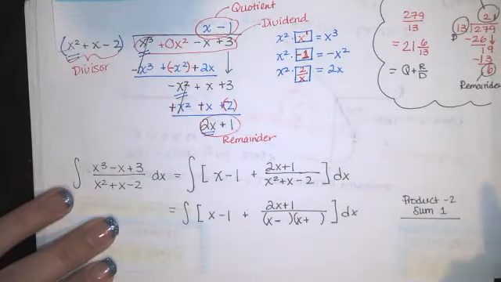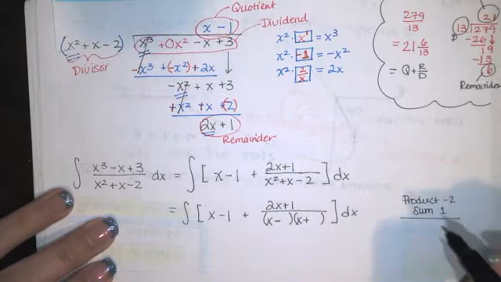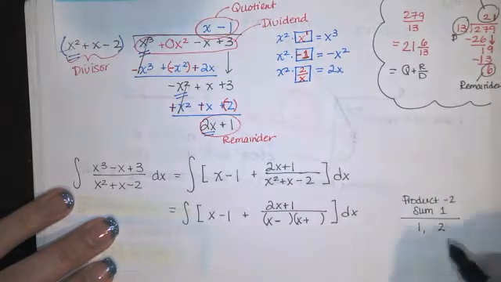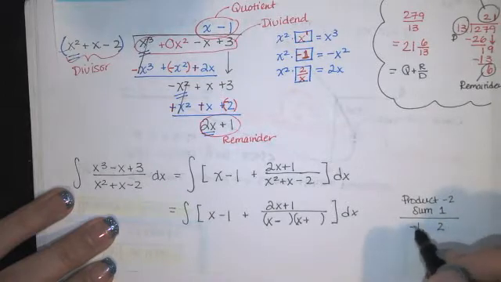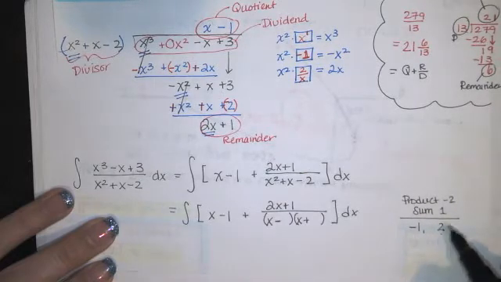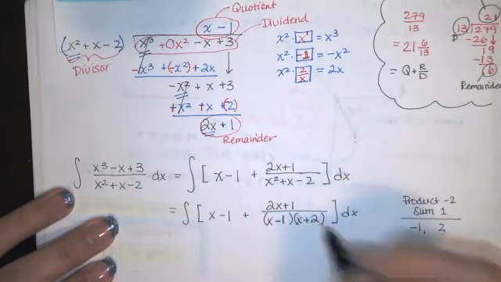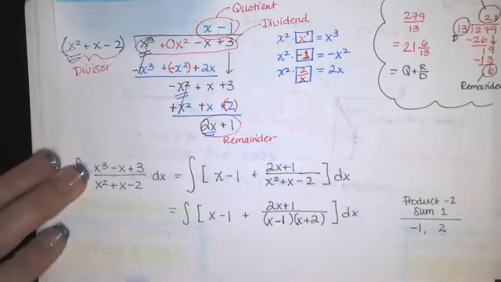So what I'm really looking for are two numbers that multiply to give me 2 that have a difference of 1. Well, 2 and 1 will work as long as these have the right signs. In order for the sum to be positive, I need the 2 to be positive and the 1 to be negative. Then negative 1 times 2 will give me negative 2, and negative 1 plus 2 is going to give me that 1. So we're going to have a negative 1 here and a 2 here. And now we'll use partial fraction decomposition for this piece.